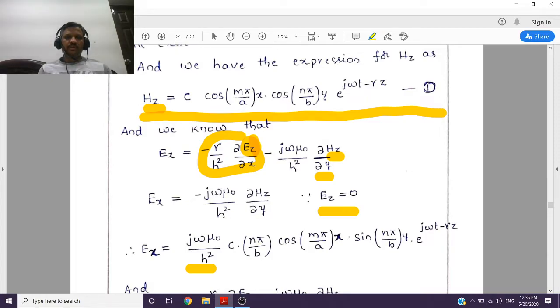because here we are differentiating with respect to y, and cos of m pi by a into x is also constant. The c is a constant and cos of m pi by a into x is a constant, and you only have to differentiate cos of n pi by b into y.